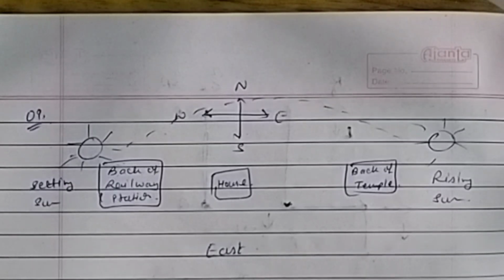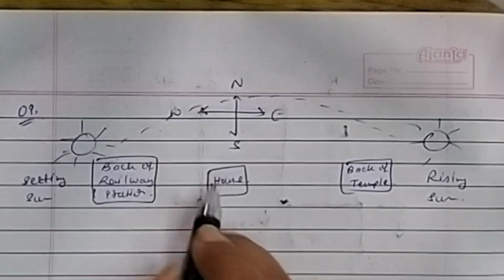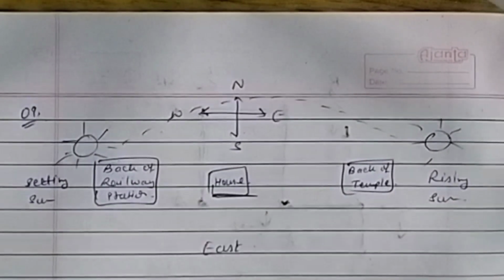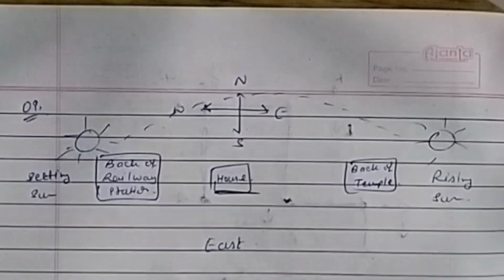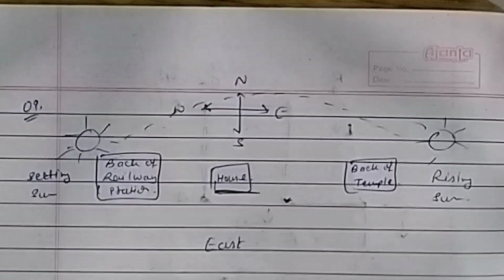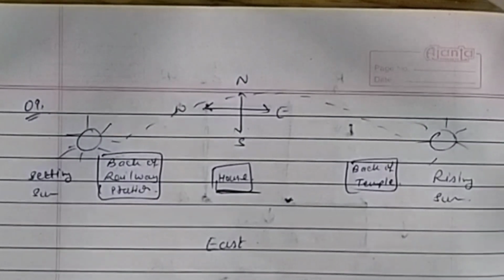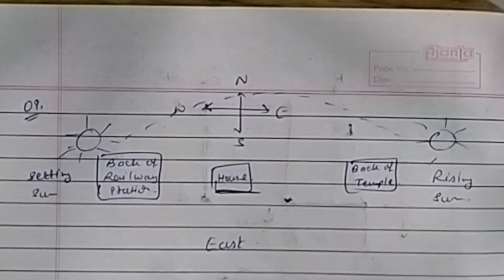So here the reference point is his house. So what is the direction of the temple from the railway station? If we consider that his house is in the middle of both the temple and the railway station, then only he will witness the sunrise and sunset behind the temple and behind the railway station.